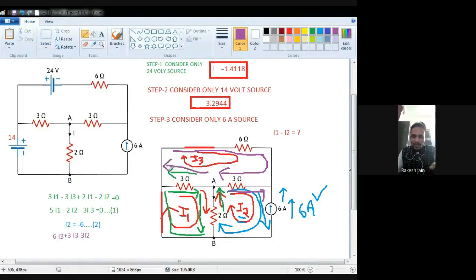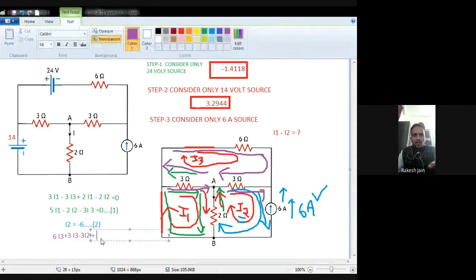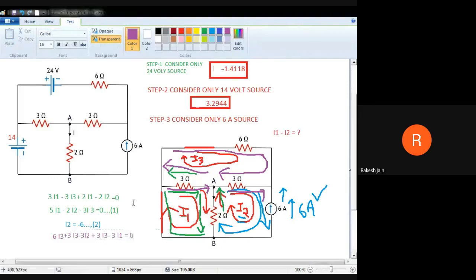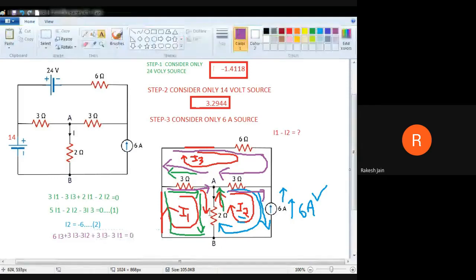Now this 2 ohm resistance, my current is I1, so I write it with positive, and the other is I2.